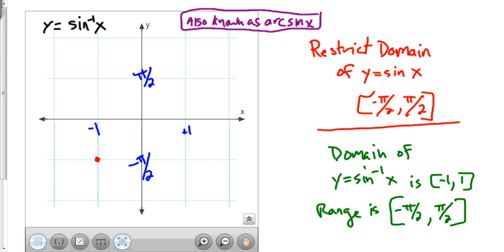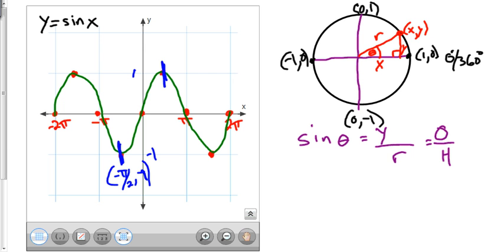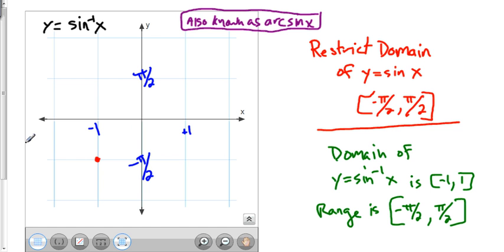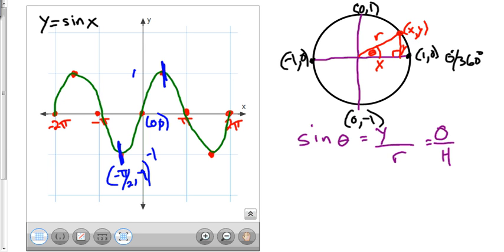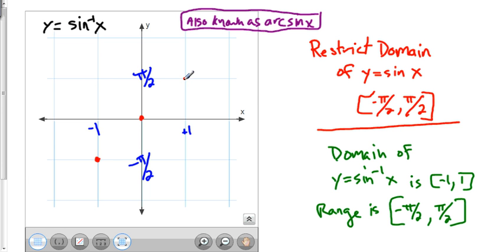So there's our first point. Let's come back. This point right here is (0, 0). When I switch my x and y for an inverse, I'm still going to get (0, 0). And I can go back in and be a little more specific with some of the other points. This point right here has x of positive pi over 2 and y of 1, and now I'm going to switch my x and y, so I'm going to get positive 1 and positive pi over 2.